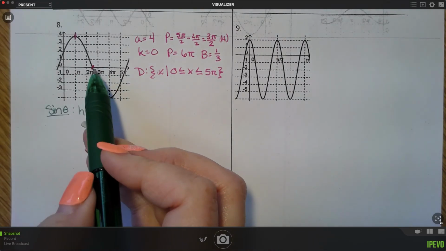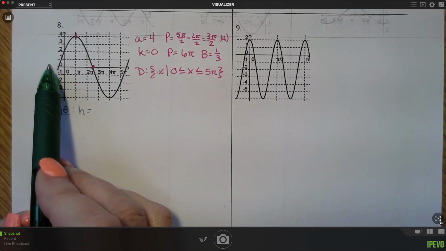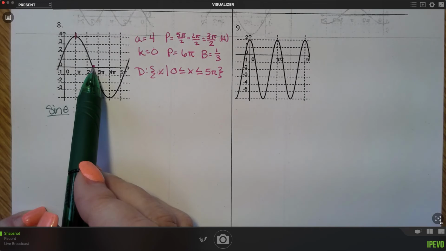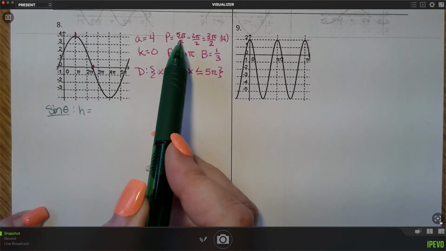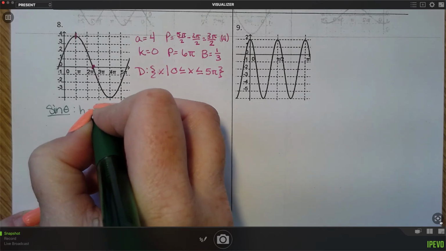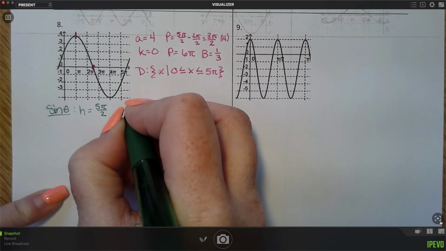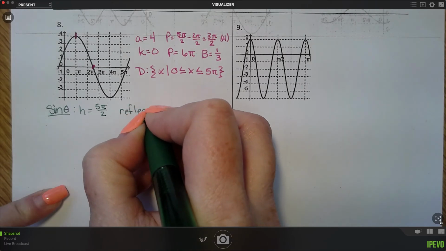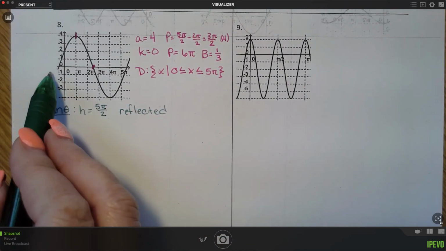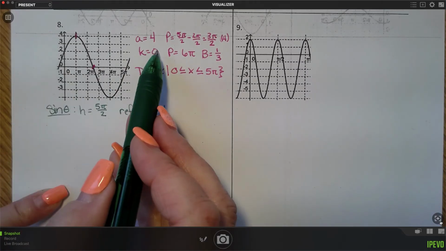Okay. Sine starts over here, but we don't know exactly where that is, do we? So we have to do over here, and that was 5 pi over 2. And then it would be reflected. I'll have people go, oh, well, I can come back here and make this up, but does it tell me where it is? Nope, and I only said from 0, didn't I?